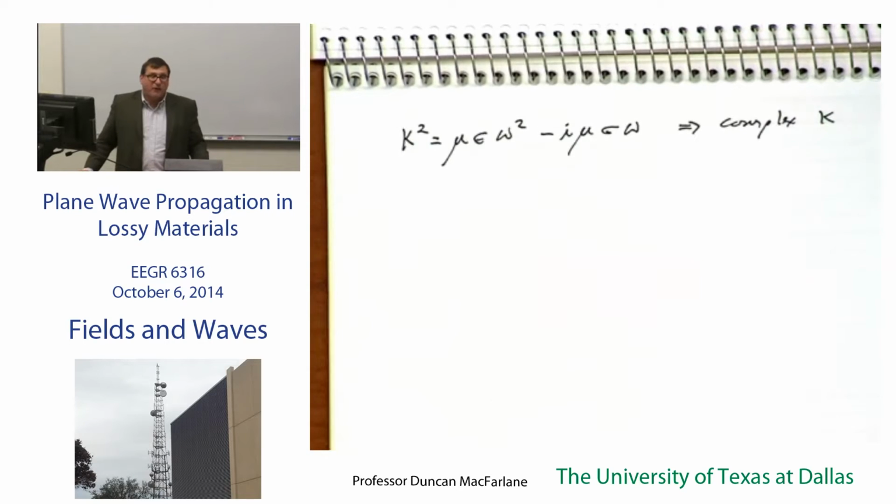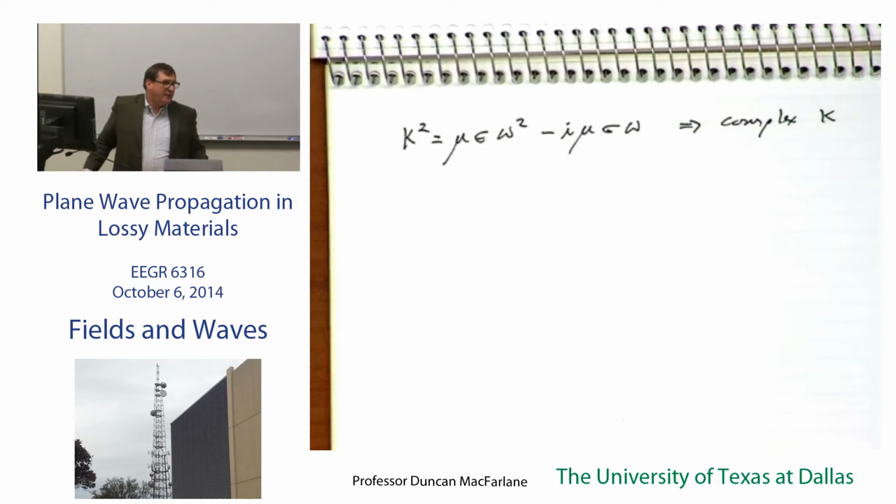So that implies that wave vector, that wavelength that I had before, that 2 pi over the wavelength term, the k term, the propagation constant term, the degree of freedom term, that now has a k in it. It's complex. Okay?